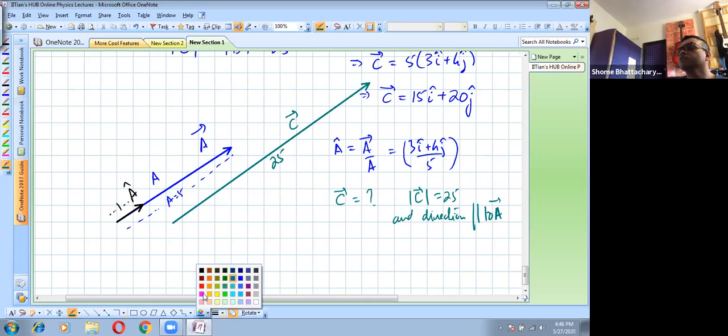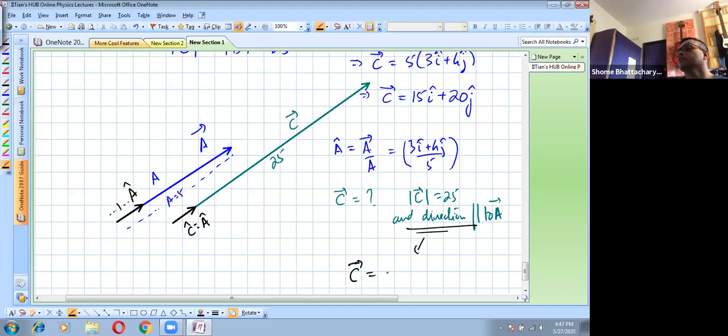So now if I draw C's unit vector, that should be the same as A's unit vector. So C cap should be equal to A cap because they are parallel. So that means I can write the vector C as its magnitude times its unit vector, which is going to be nothing but 25 into A cap, because its unit vector is the same as this, and A cap is (3i cap plus 4j cap) divided by 5.